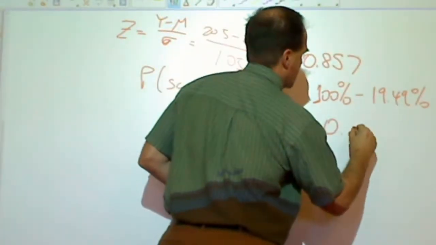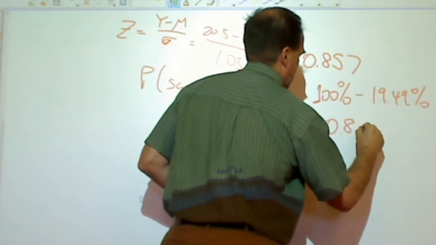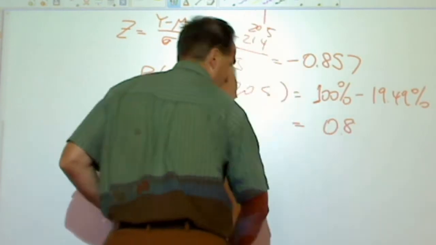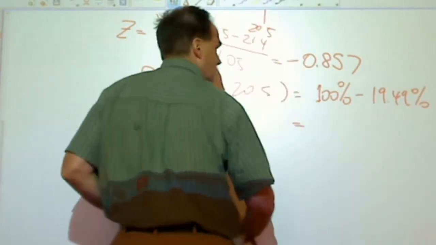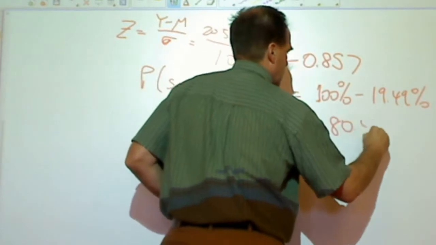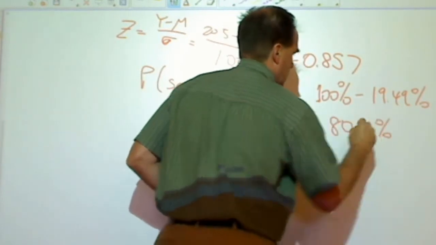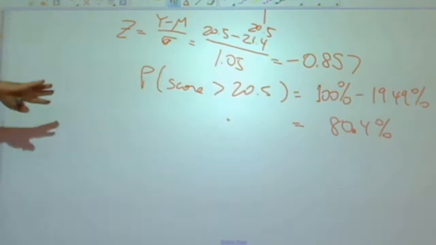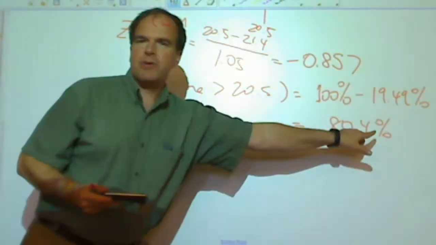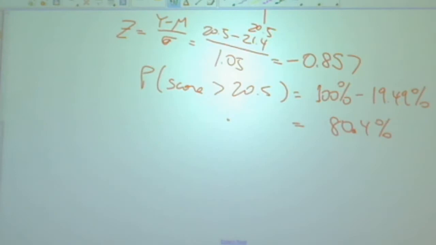Looks like it's more 80. Okay. Something like that. May not be perfect. That last decimal place may be off a little bit, but it's roughly 80%. Okay. Questions about this? So we're still not into sample stuff. That's coming.